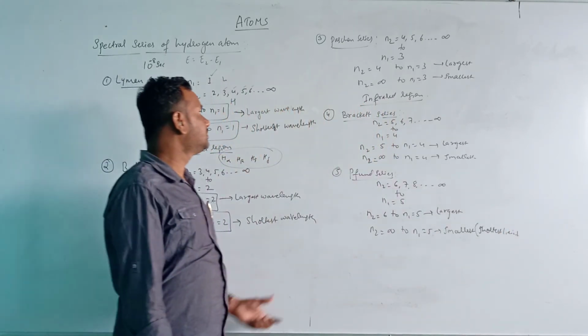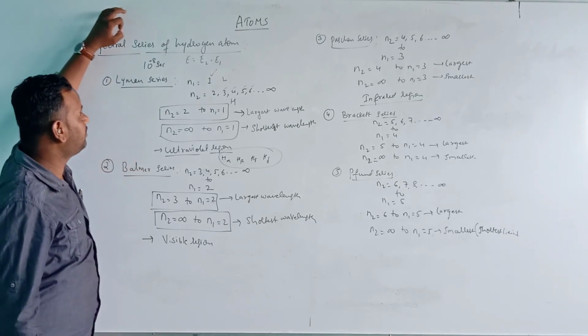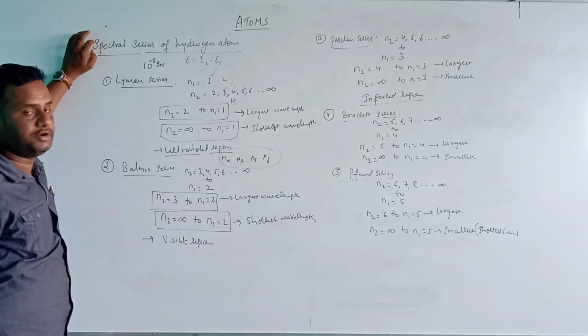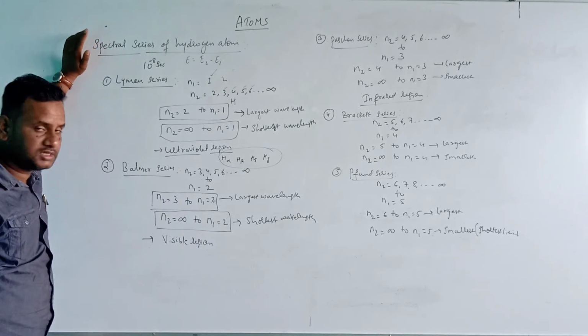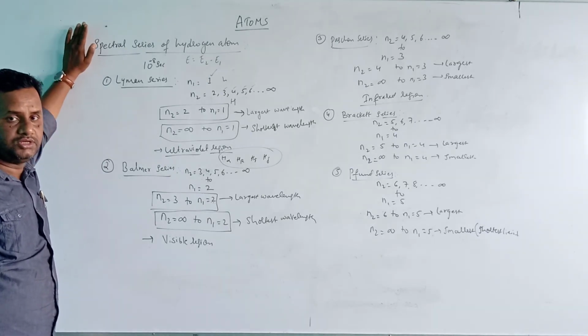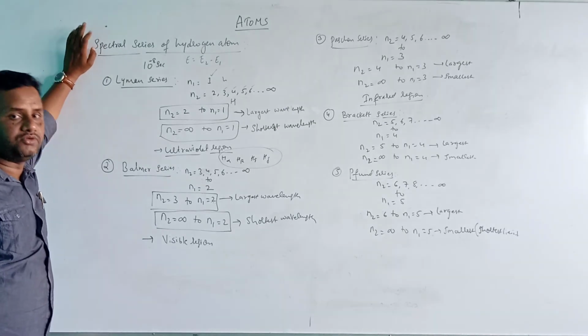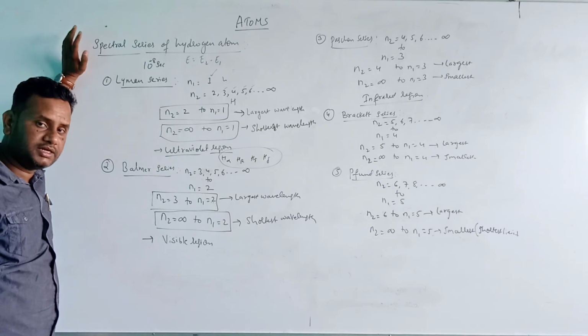So this is all about the different types of spectral series of the hydrogen atom. Here is how the transition takes place. Initially the electron is in the ground state, the normal state.